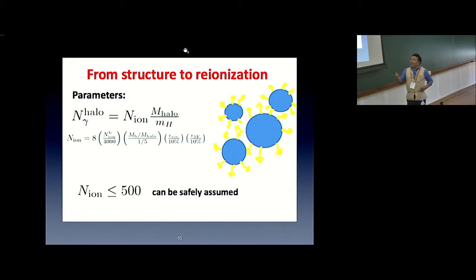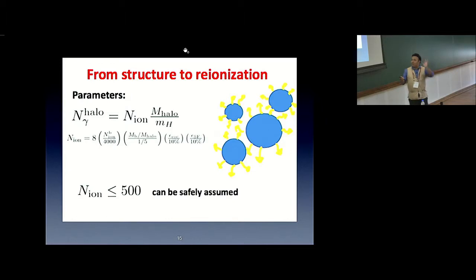We don't know that much from the astrophysics. But if you look into the literature for many models, roughly you can assume that this is less than 500. If you cross this 500, then for POP3 stars it can be more, but we know that the POP3 stars cannot reionize the universe because their lifetime is in million years.